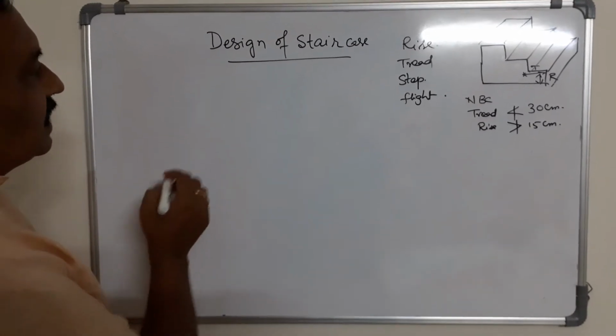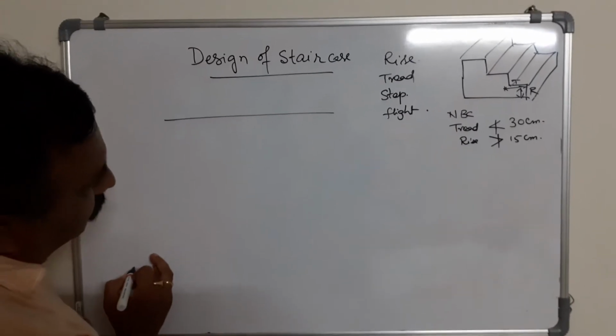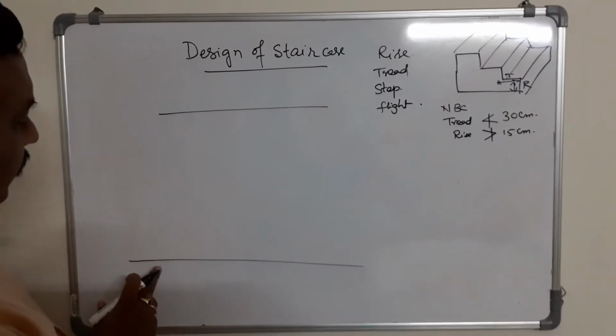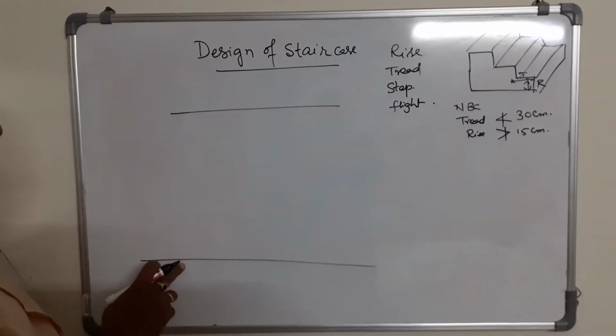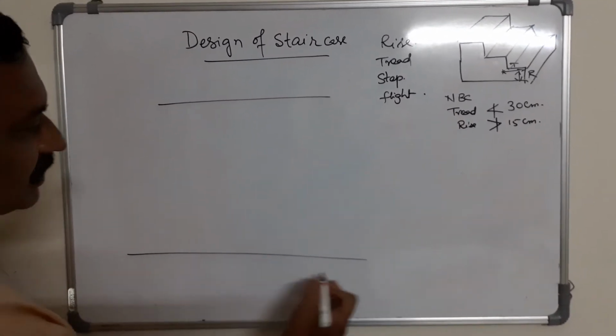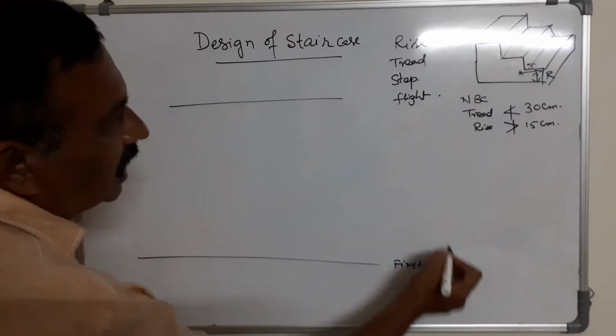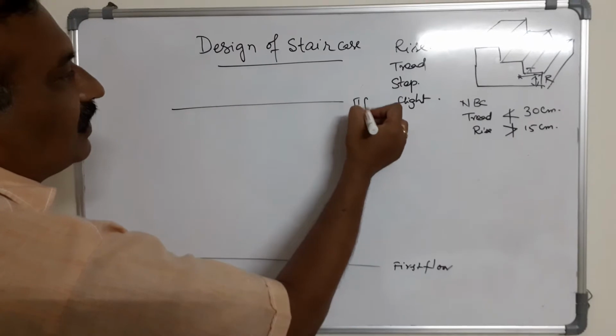Coming to the design, I'm drawing here two horizontal lines which indicate the flooring level of the floor. Suppose this is the first floor, and this is the second floor.